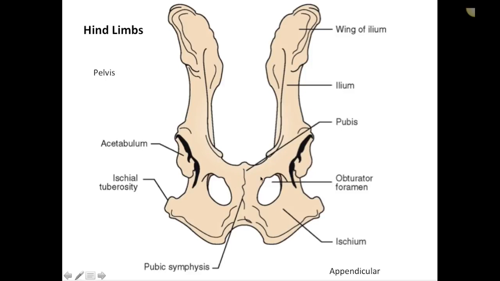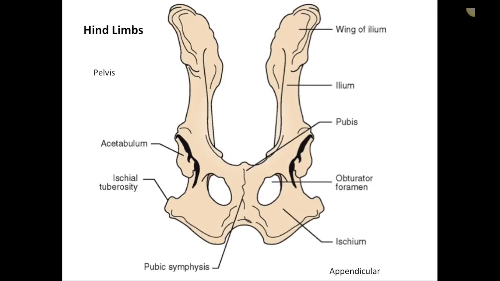Okay, so that's the pubis. And then we have the ischium, which is essentially, when an animal's standing, the most caudal aspect of the pelvis. So on the ischium we have the ischiotuberosities, which are large processes that allow muscle attachment.